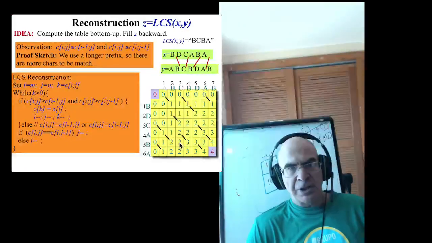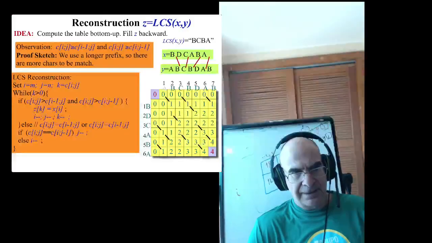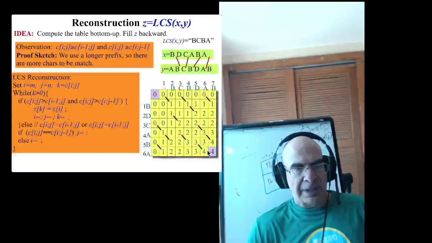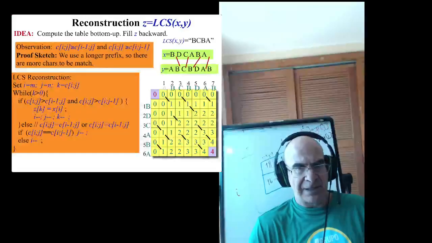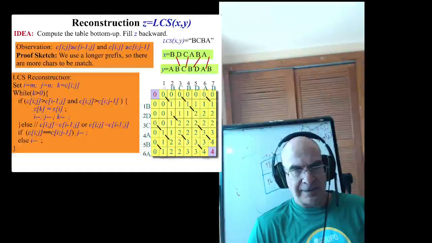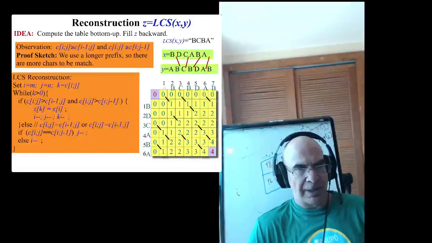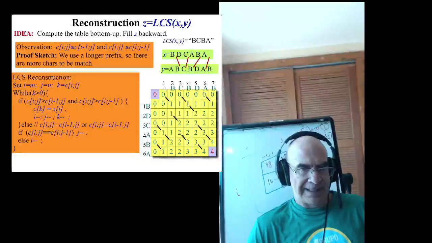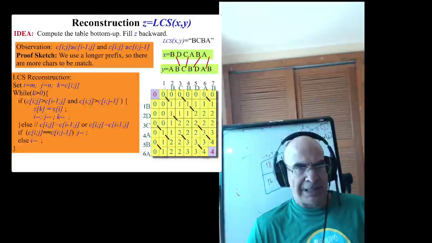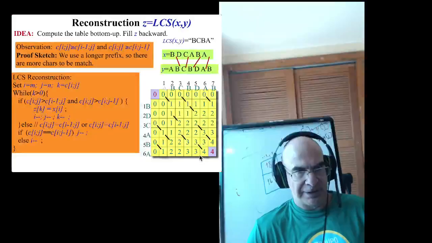So typical questions that I ask in finals or homeworks is, how can I know if there is more than one LCS? Given x and y, how do I know if there is a single LCS or are there more than a single LCS? That is, are there two matchings, both with the same length, but matching different characters?